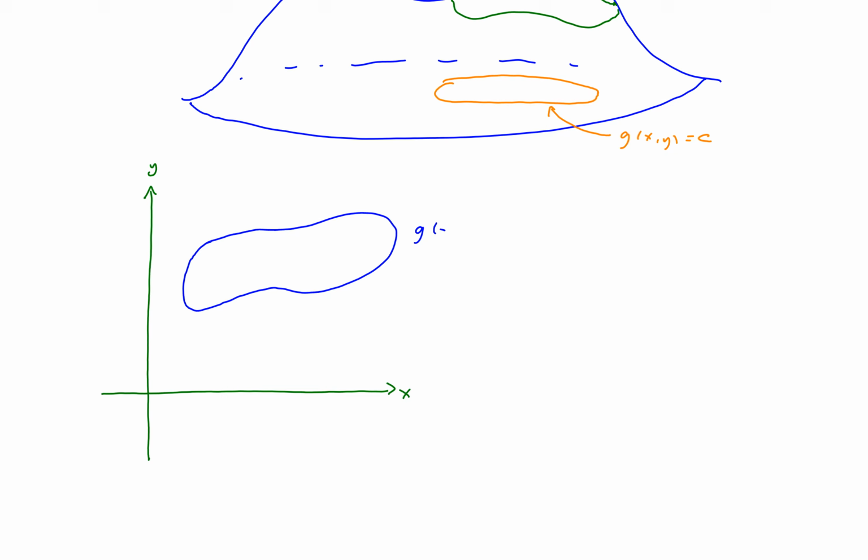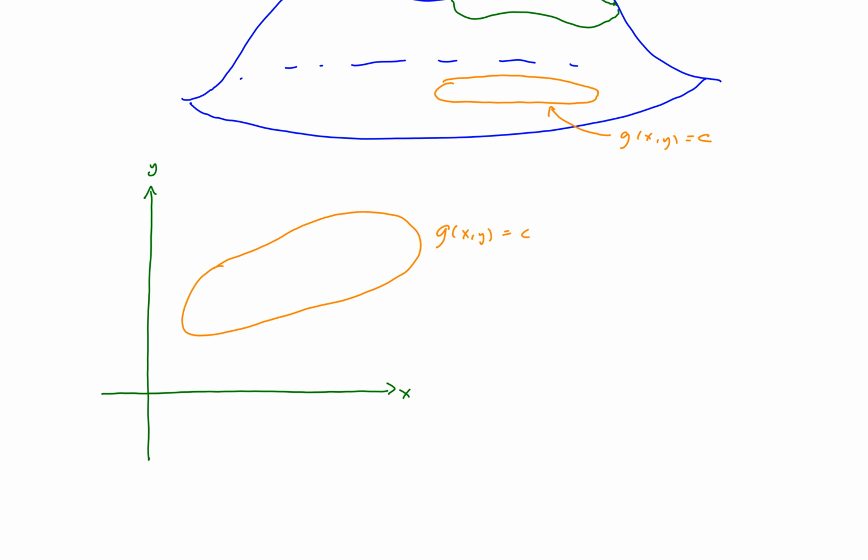Maybe we should use the same color for the constraint as above, so it matches the picture a little better. Let's go back to orange for that. So maybe my constraint looks something like this. This is my g of x y equals c. And then I draw my level curves for my f, so maybe they look something like this.